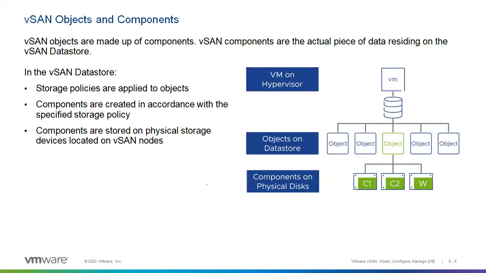When we say different types of objects, these objects are further divided into smaller pieces of chunks, and the smaller pieces of data chunks are called components. Components are the actual pieces of my data that are finally stored on my disks.